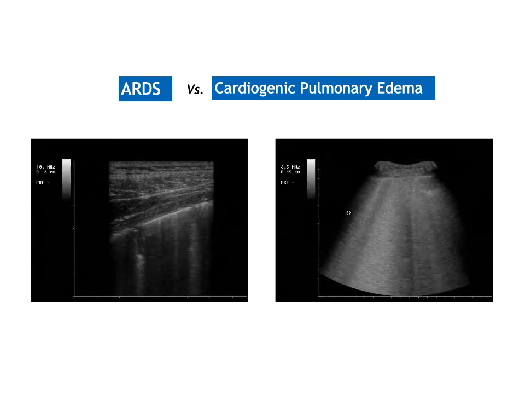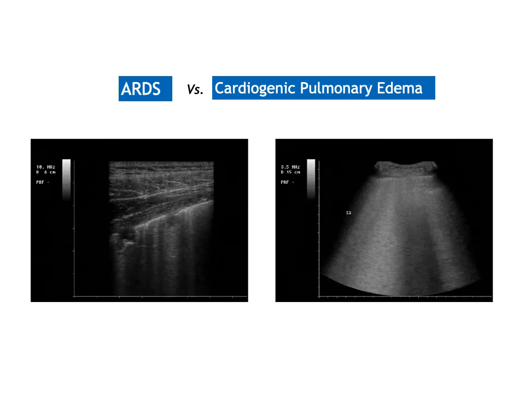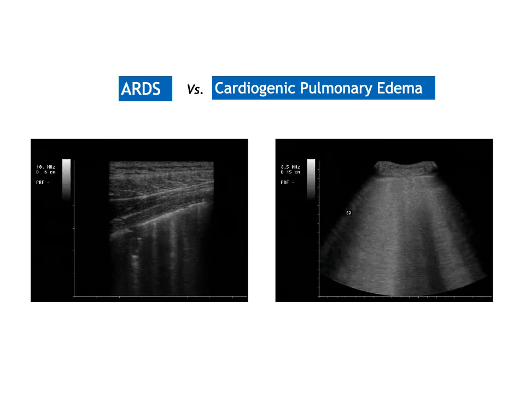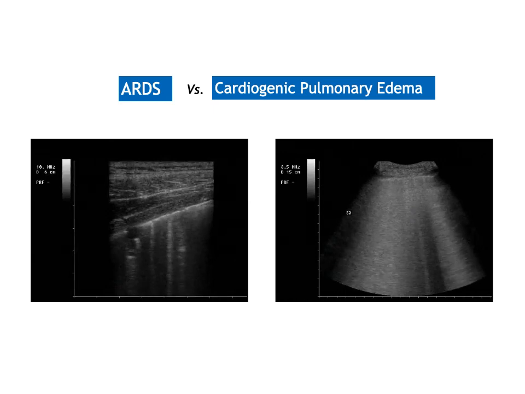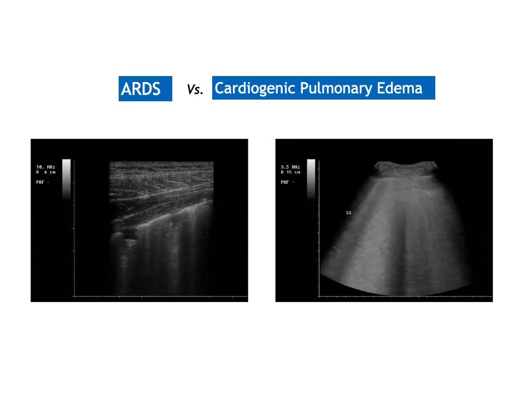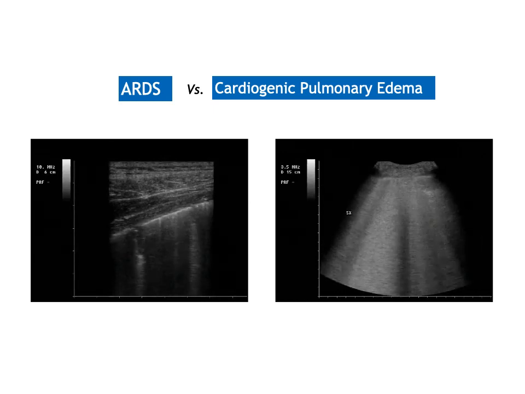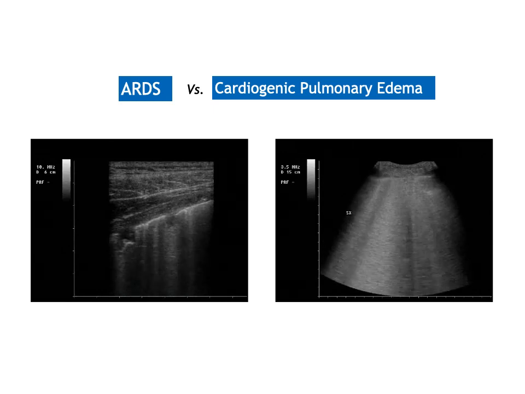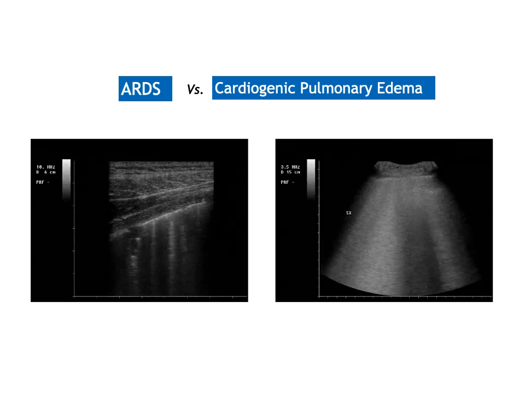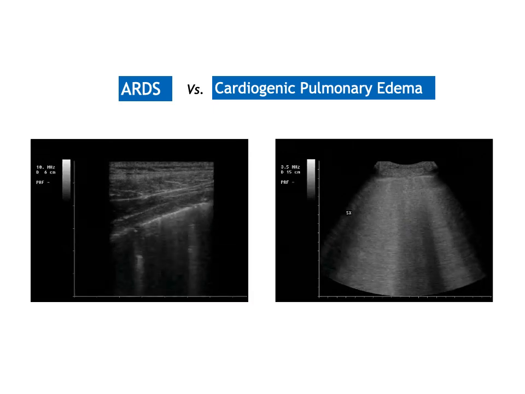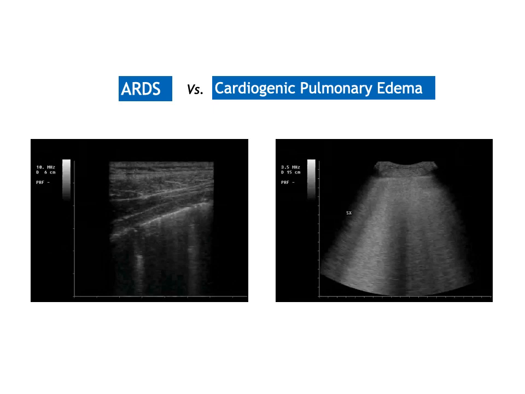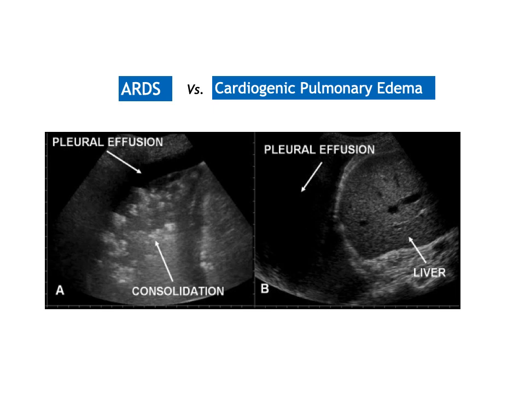On the right side, we use the curvilinear probe, and we could see clearly the pleural line is thin and healthy with very confluent and abundant B lines, which reflect a degree of or even alveolar edema. And another differential between both ARDS and heart failure is the presence of consolidation.